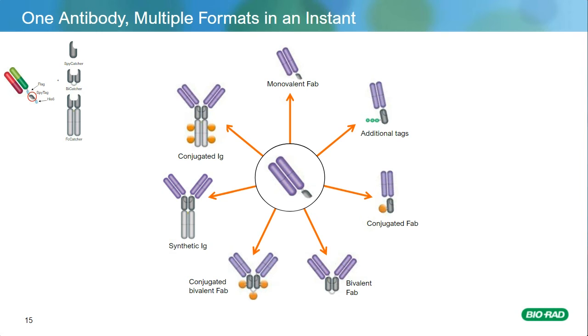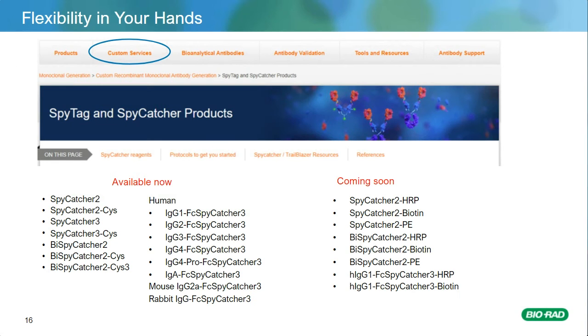In addition, we're not just using this technology so that we can produce the antibodies in multiple formats for the customer. We're also making these catcher domains available as catalog products on our website, so customers can do these reactions themselves. The customer can simply buy a monovalent Fab featuring the SpyTag, and they can buy the catchers themselves. These reactions are spontaneous. It takes about an hour, and it's a very robust reaction.